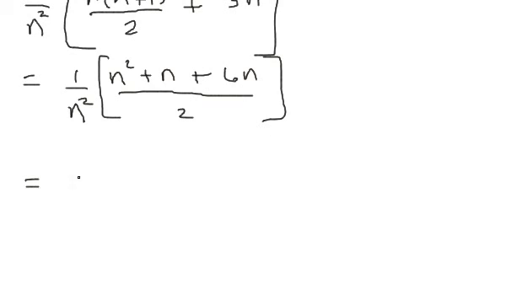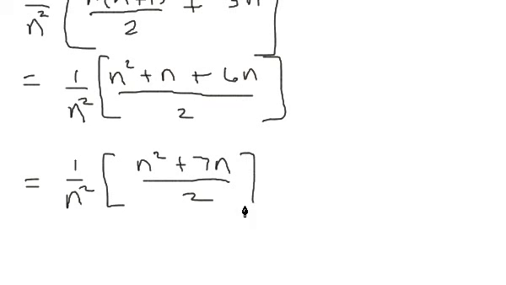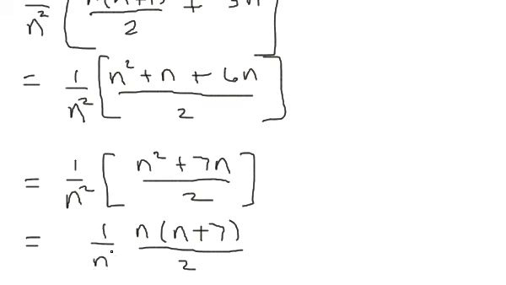And therefore now we have n squared plus 7n over 2. We can factor out an n. Seems like we're just going in circles here, but we're not. Over 2. And remember, we've got this 1 over n squared out here in the front.